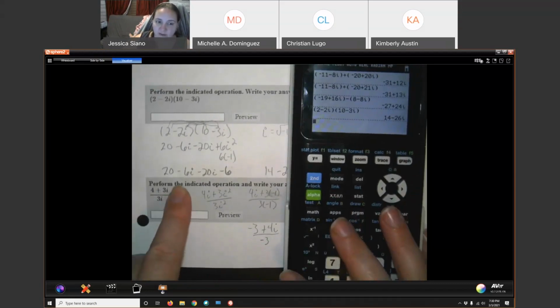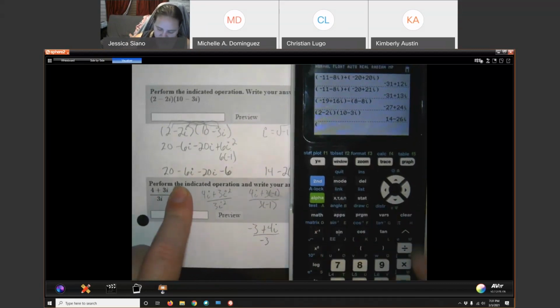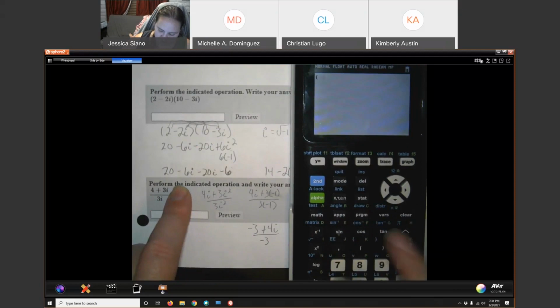And now for the questions where you're dividing, you don't need to do this multiplication. You just have to put the problem in as it's given to you. Just remember that the numerator and the denominator each need their own parentheses. So we would do parentheses for plus 3i divided by parentheses 3i.